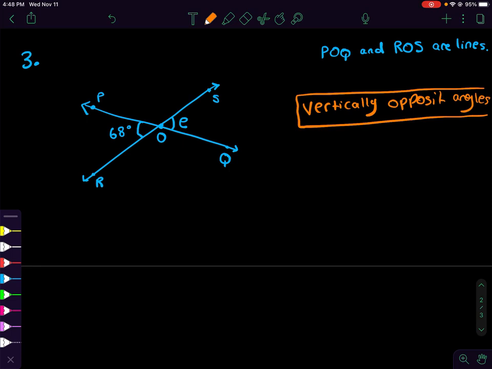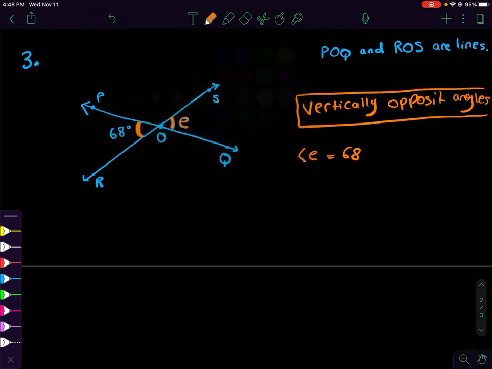What does this rule say? It says when you have this angle 68, you look at the angle opposite to that, which is E. So E is also 68. That simple. Angle E is 68, because angle E is the opposite angle of this one, and it's given as 68.